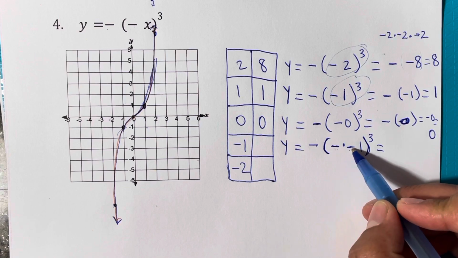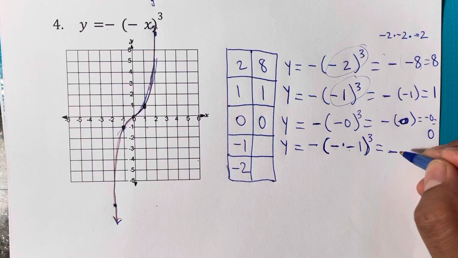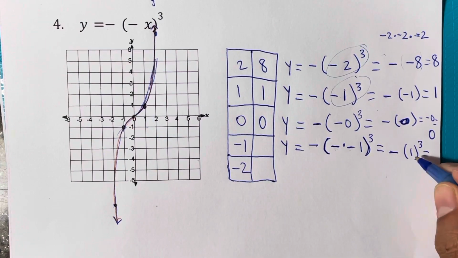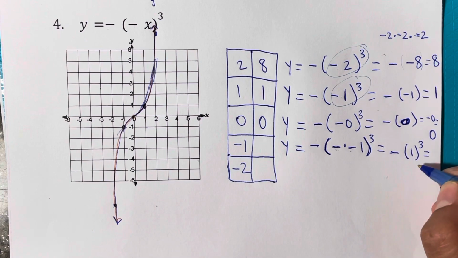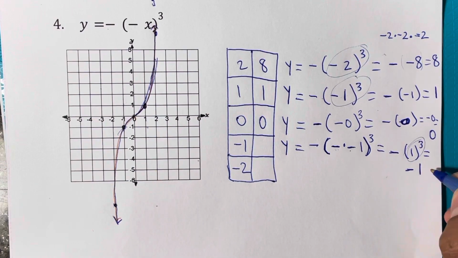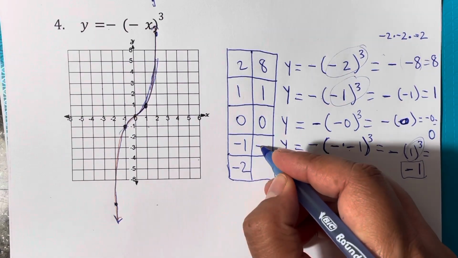So negative times negative is positive 1. So bring over that negative. This becomes positive 1 cubed. And then 1 times 1 times 1 is 1. So bring over the negative. And from here, I get positive 1, which just ends up being negative because of the negative outside.